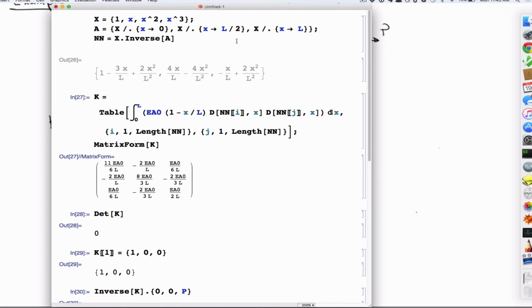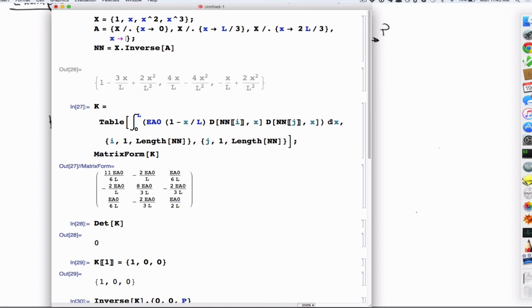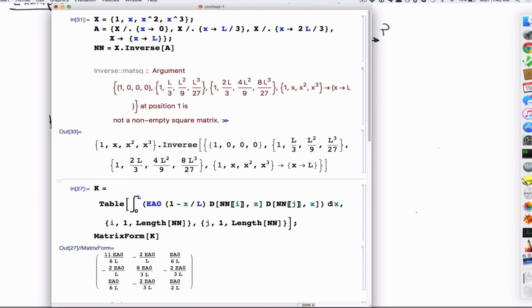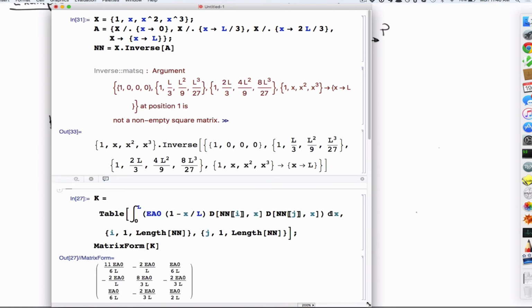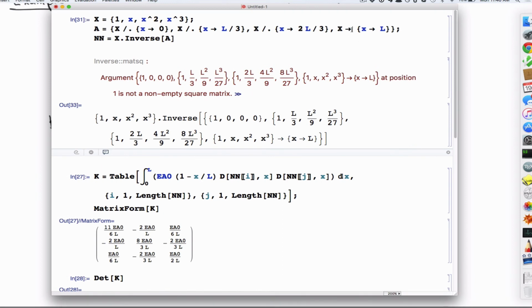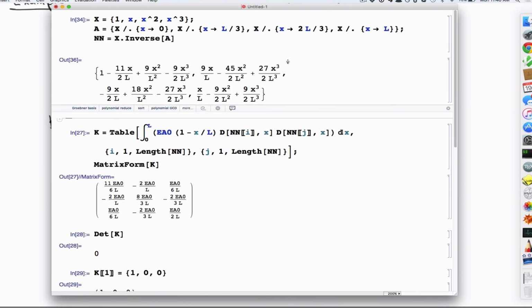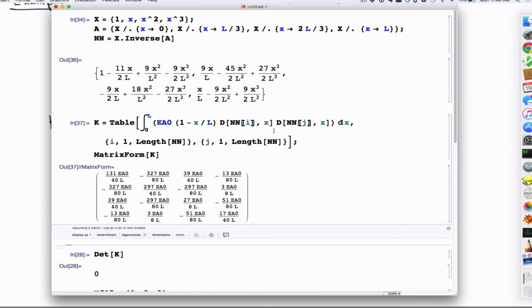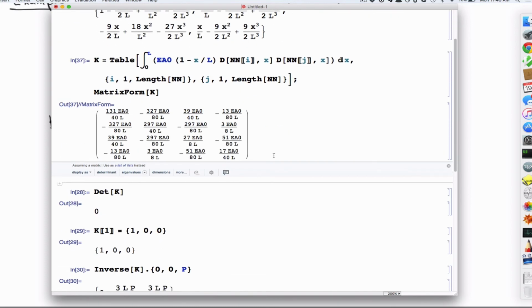So then we could have nodes at a third and 2/3 L. The stiffness matrix is bigger because now we have 4 nodes.